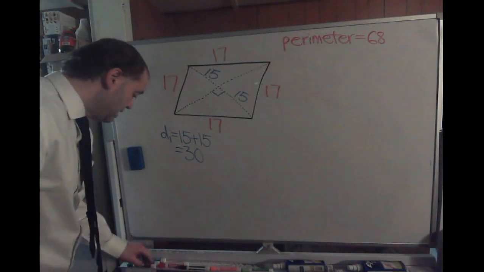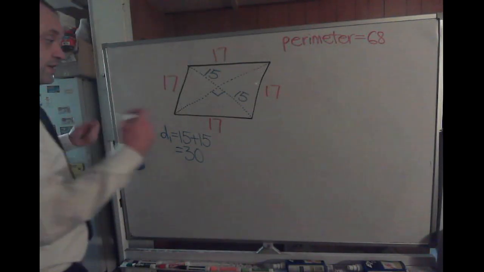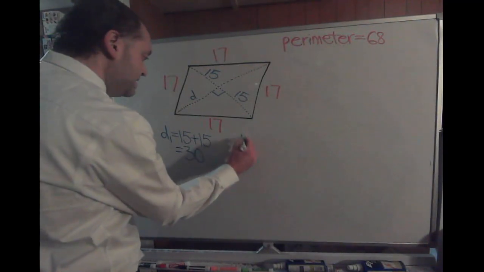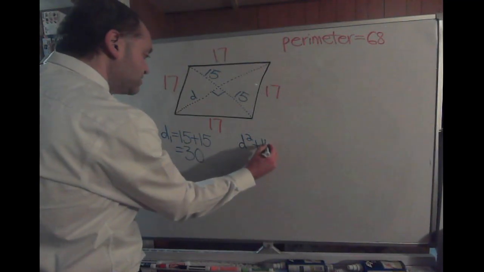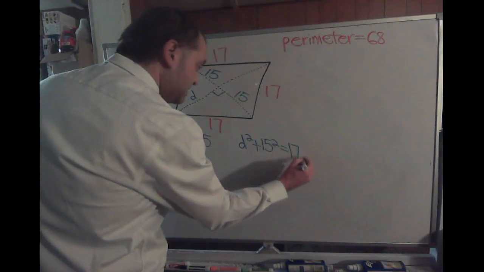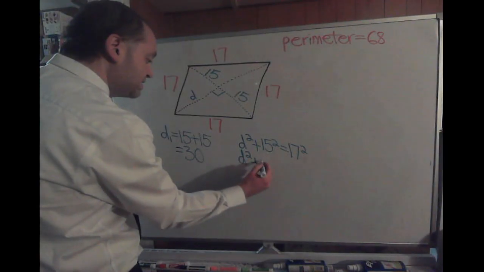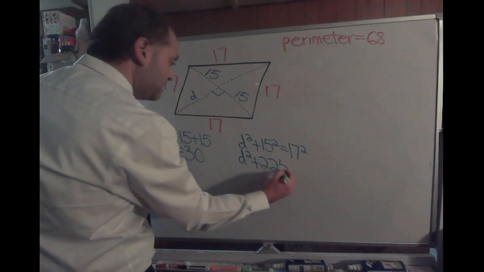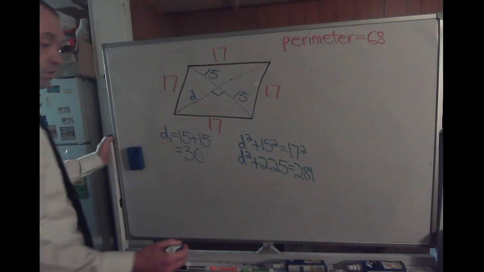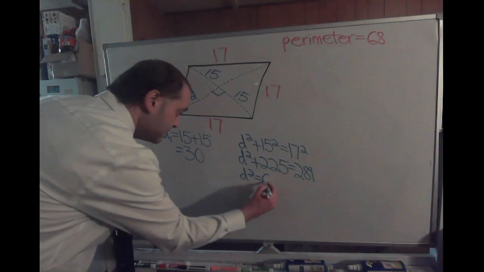So you're going to, of course, set up your Pythagorean theorem. We'll call this length d. So we'll take d squared plus your 15 squared, set that equal to the length of the hypotenuse, which is 17 squared, which would give you d squared plus 225 equals 289, which would then give you what? d squared equals 64.